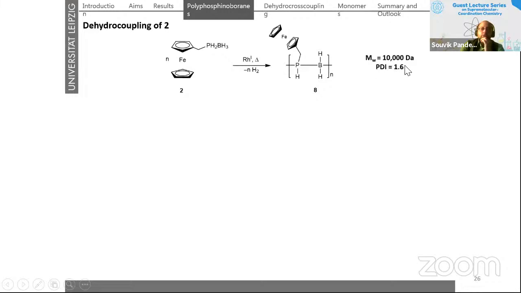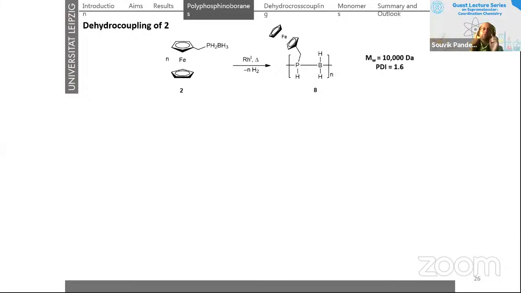To inform you about the polydispersity index, it is the ratio of the weight average molecular weight by the number average molecular weight. This is the theoretical part. But to understand, you have to remember that if the polydispersity index is 1, it means all the polymer chains in your sample are of the same length.